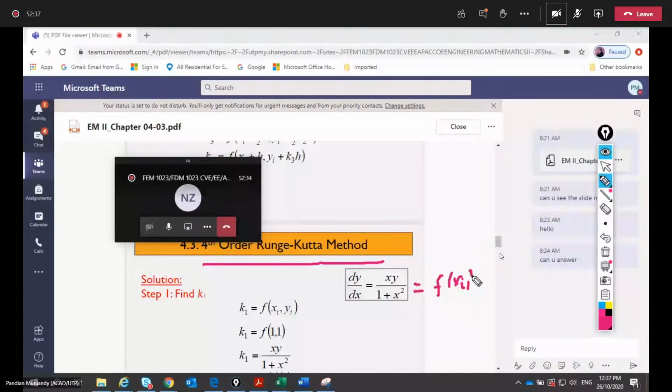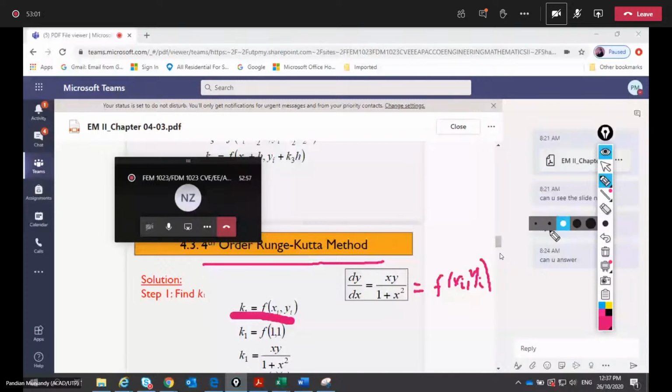I just write yi here for your information. So dy/dx is your f(xi, yi). Because this is a differential equation, we transform it into a numerical method, so we don't write dy/dx here. So k1 is f(xi, yi).